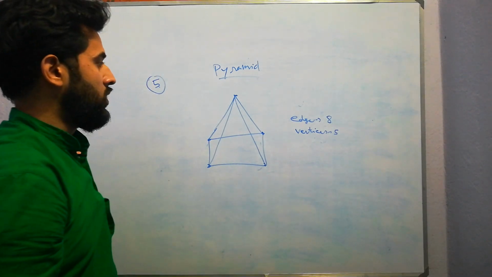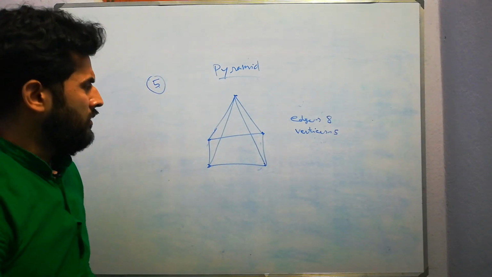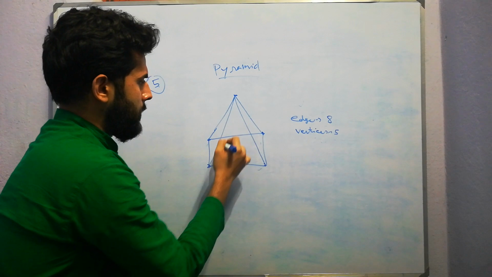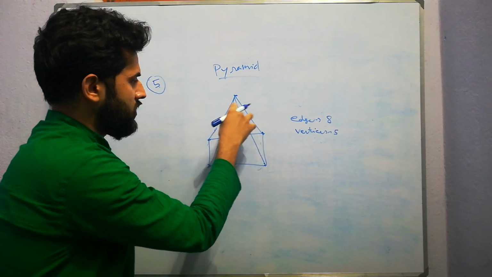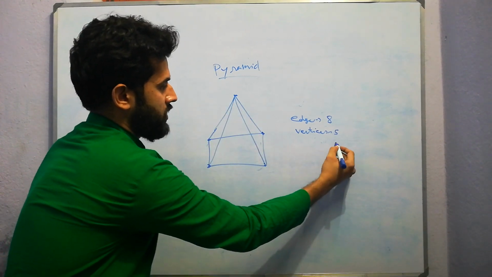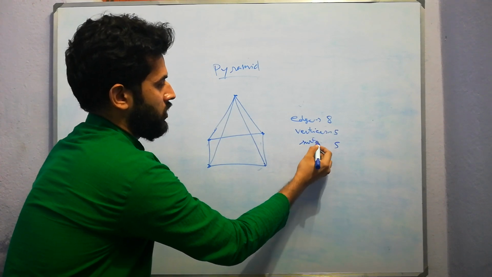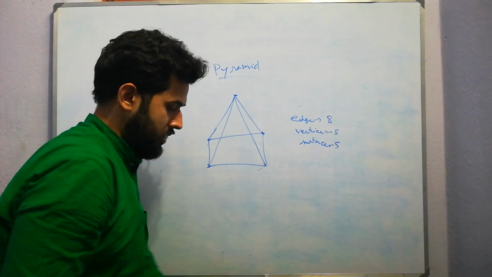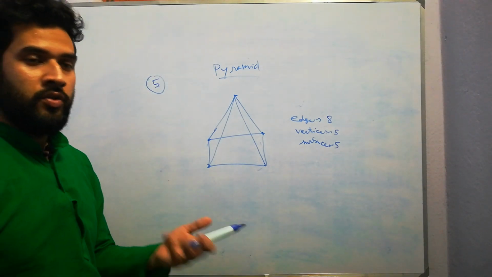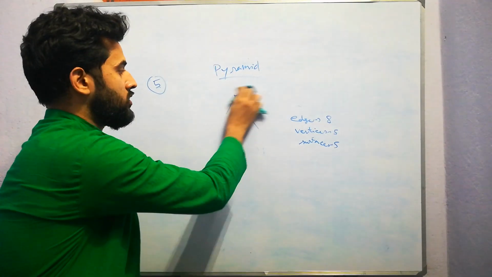Next we'll go to the surfaces: 1, 2, 3, 4 and 5. So it has 5 surfaces, and all are plane. One thing I should tell you is that there are lots of types of pyramid.